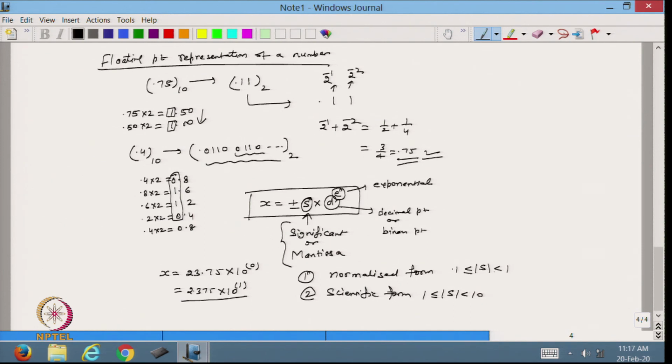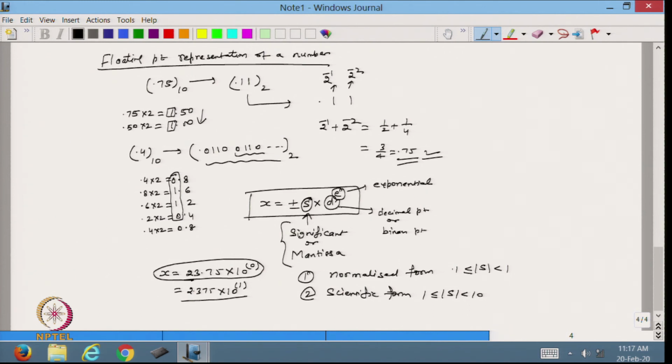Now, 2.375 into 10 to the power 1 is neither a scientific form nor a normalized form, because here the value of s is 23.